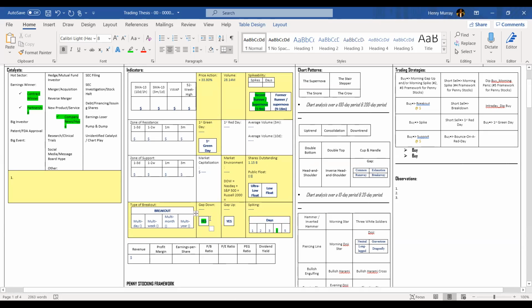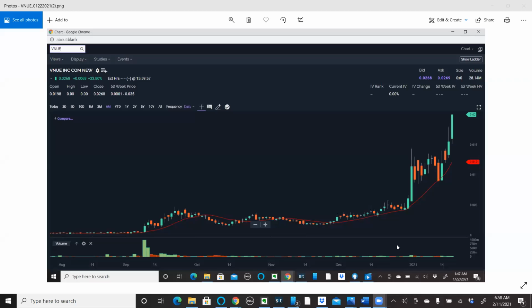If we move over a little bit to the left, type of breakout. Is it a multi-day breakout, multi-week breakout, multi-month, or multi-year breakout? Let's take a look back at the chart. All right. So back earlier this month, January 2021, that big break candle at it.